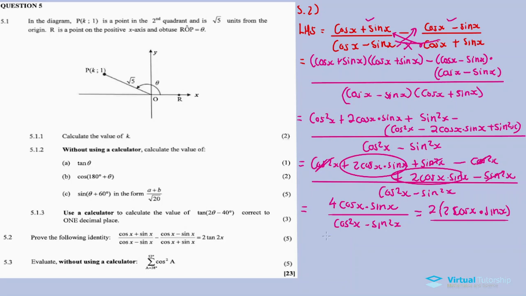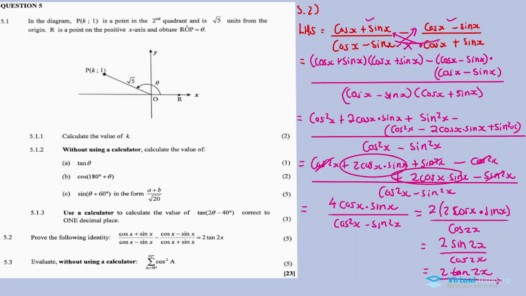Cos squared x minus sine squared x is a double angle for cos, so it's cos 2x, and this is a double angle for sine, so sine 2x divided by cos 2x, this is equal to 2 tan 2x. We have proven our identity, which is the same as the right hand side.